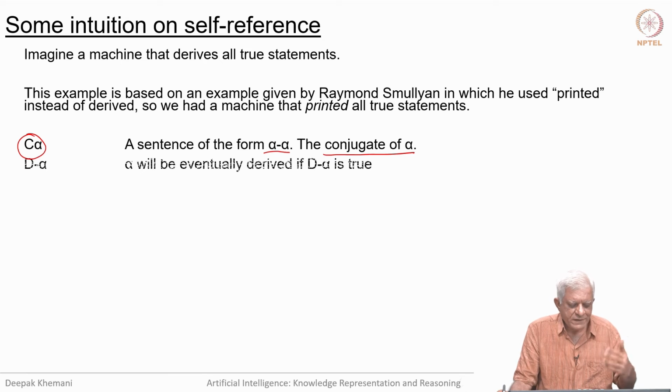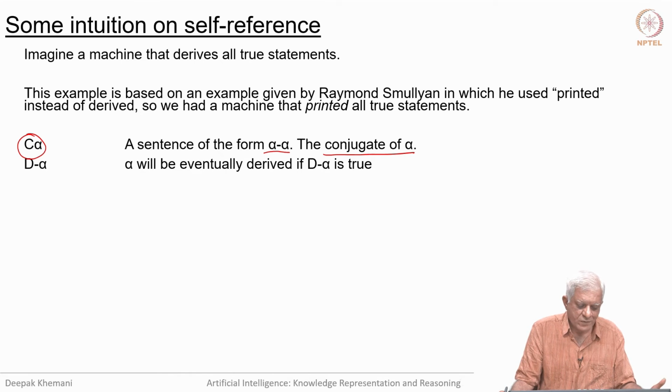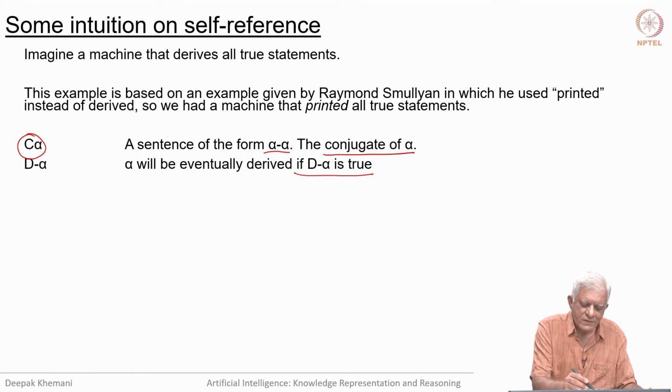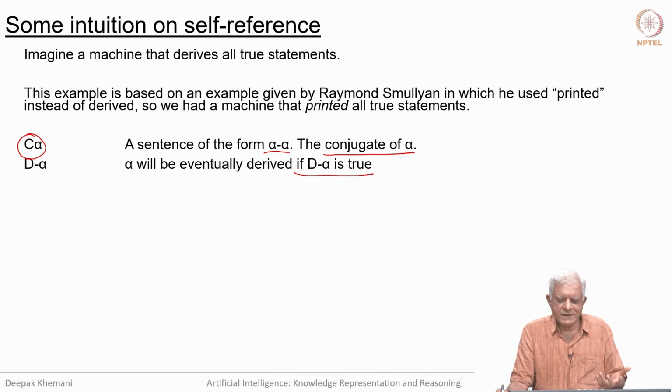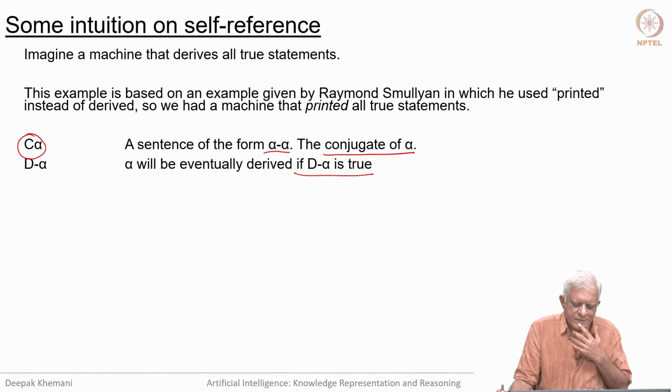Then he wrote the following formulas. D alpha says that alpha will eventually be derived if this sentence is true. So, if D alpha is true, then alpha will eventually be derived. You can see that it is talking about sentences.